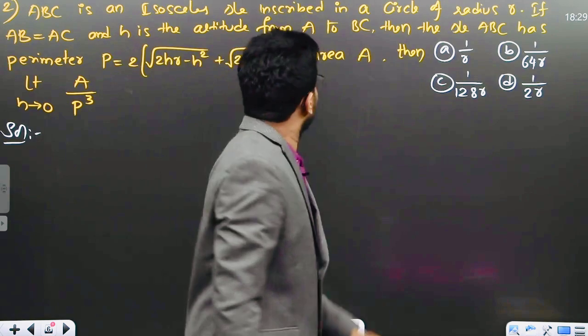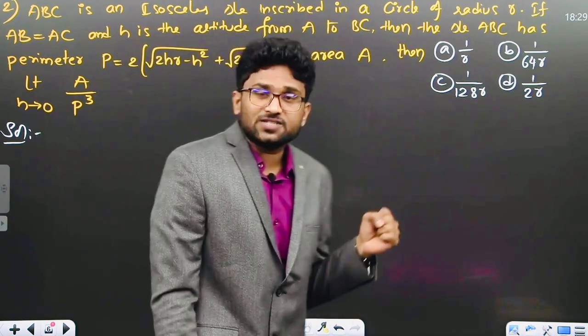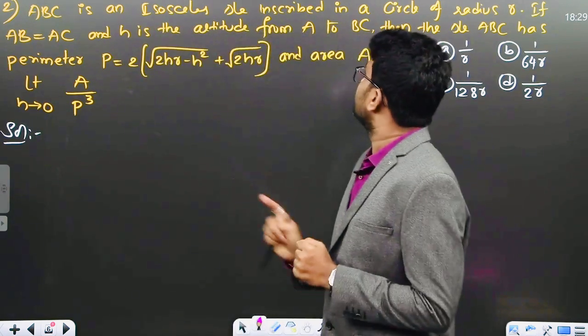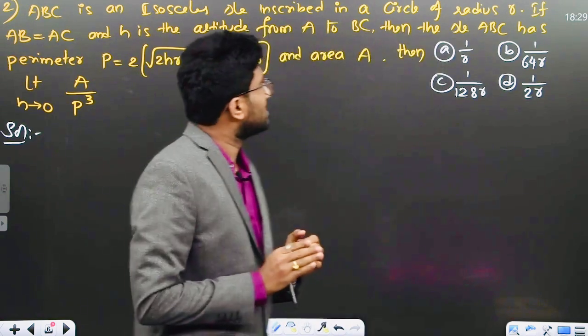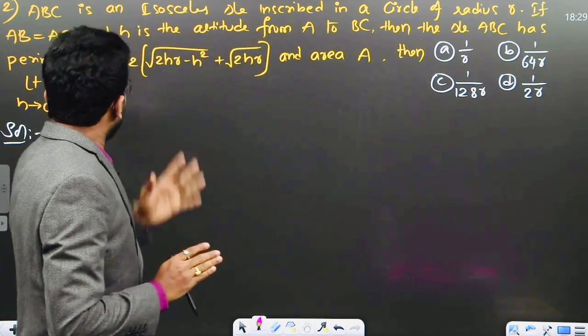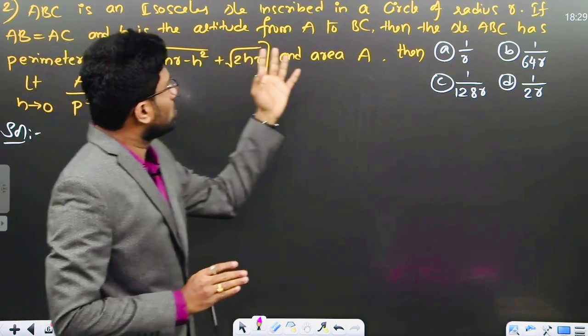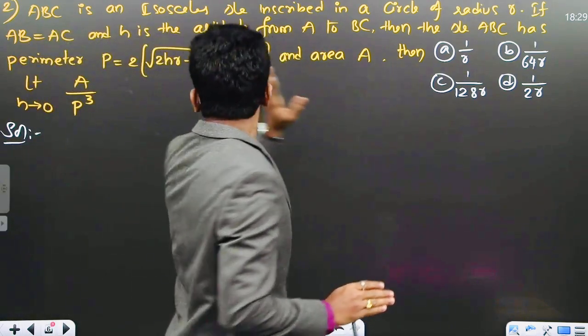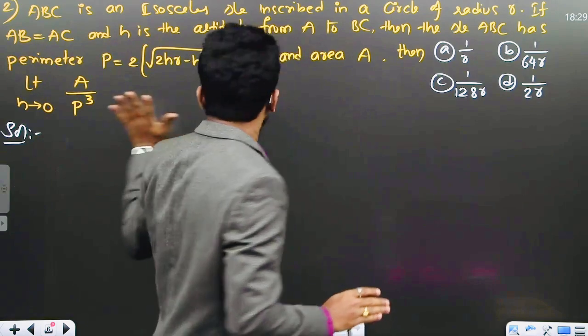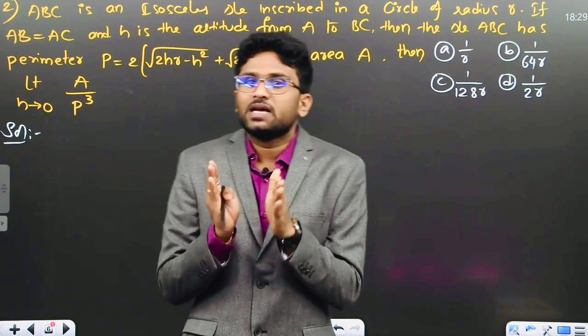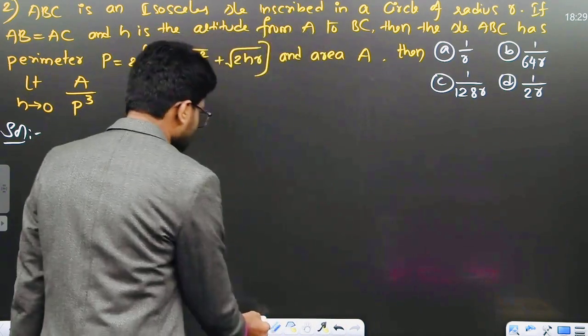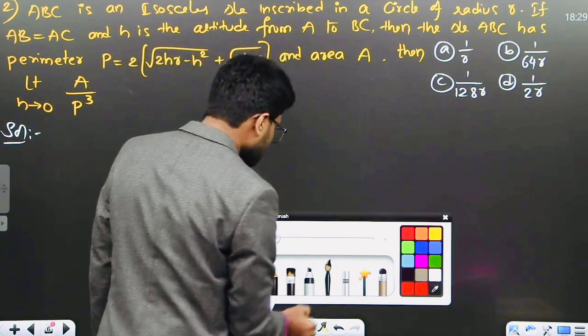Second question. ABC is an isosceles triangle inscribed in a circle of radius r. If AB is equal to AC and H is the altitude from A to BC, then the triangle ABC has perimeter P and area A. Then limit H tends to 0, capital A divided by P cube, they are asking. So simple, friends.